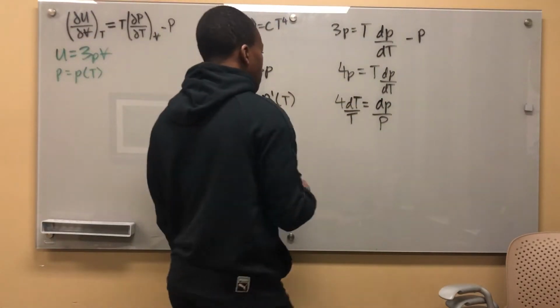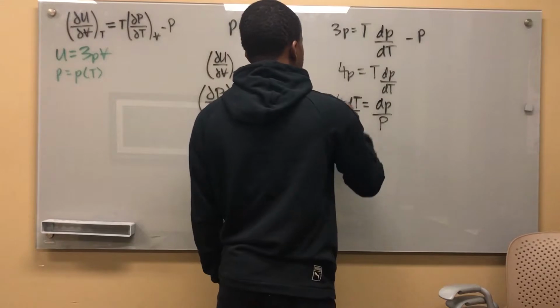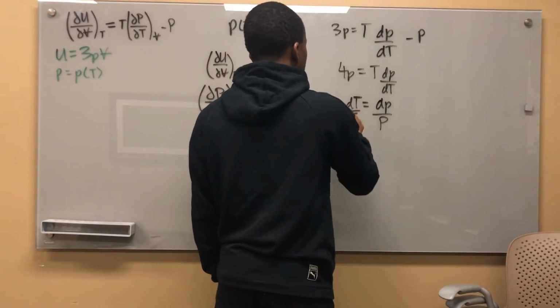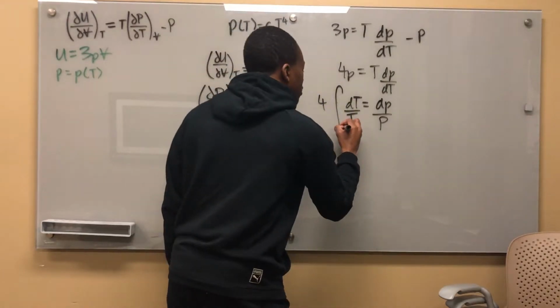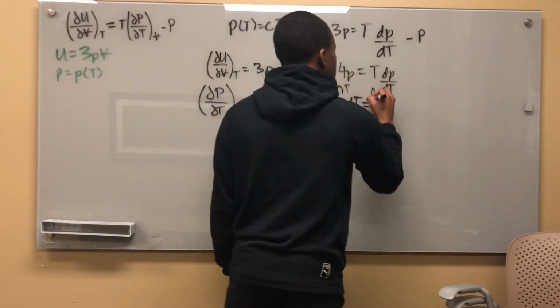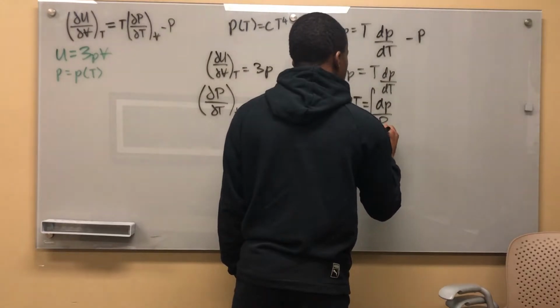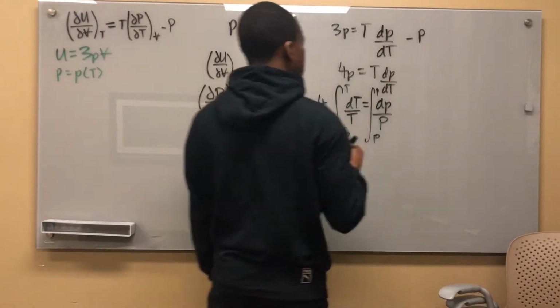Cool. Now let me take the integral of both sides, and because this is a 4, I can pull this out of the integral, because it's a constant, and I'm going to integrate from an initial T to a final T and an initial P to a final P, okay?